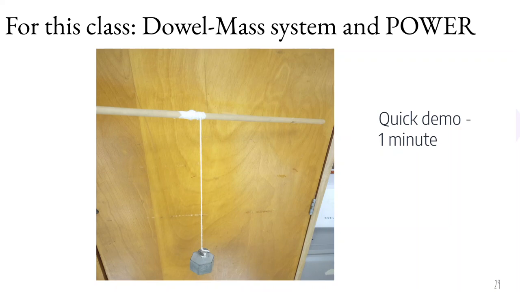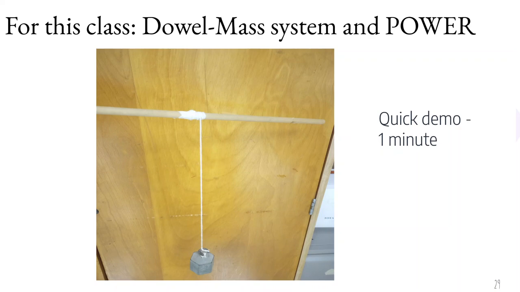In class today, we're going to talk about power, which is just how quickly you can do work. So we have a dowel, that's like a stick, mass system, and we have a mass hanging from a string. That string is attached to the dowel. We're going to roll up the dowel and pull the mass up for 1 full meter. Our string is 1 meter long.